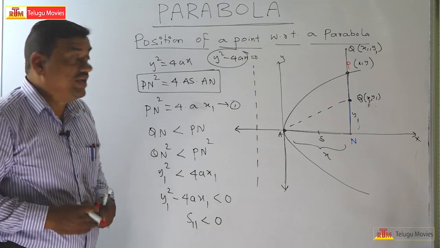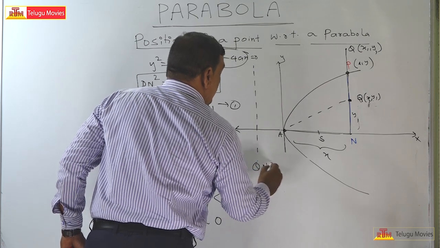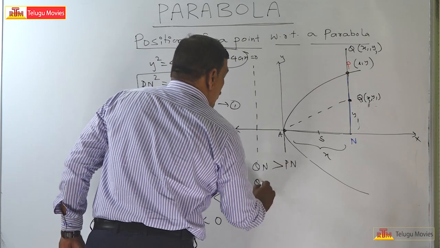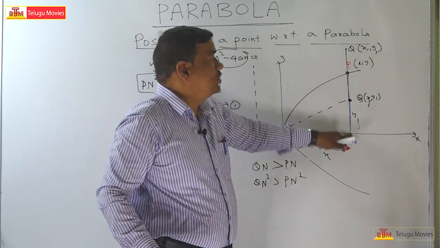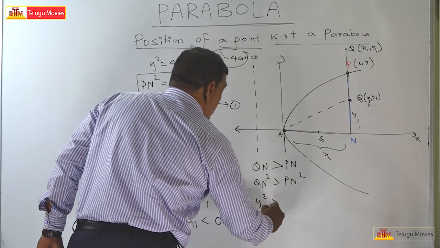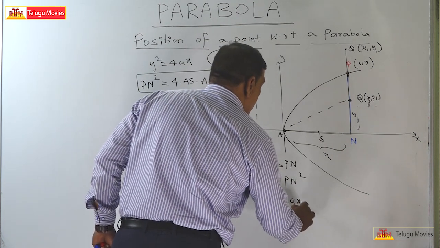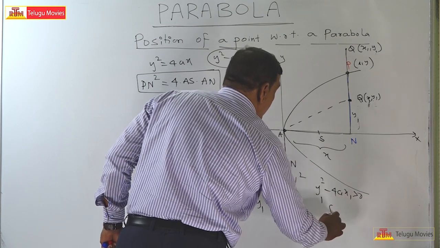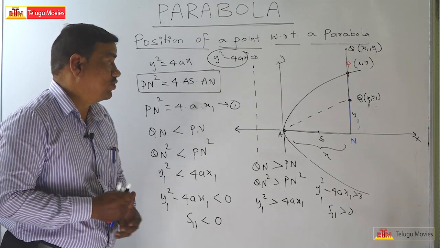From the diagram, we can clearly say QN is greater than PN. So QN square is greater than PN square. QN is the y coordinate, y1 square is greater than PN square, 4ax1. So take this side, y1 square minus 4ax1 is greater than 0. We denote it as S11 greater than 0.